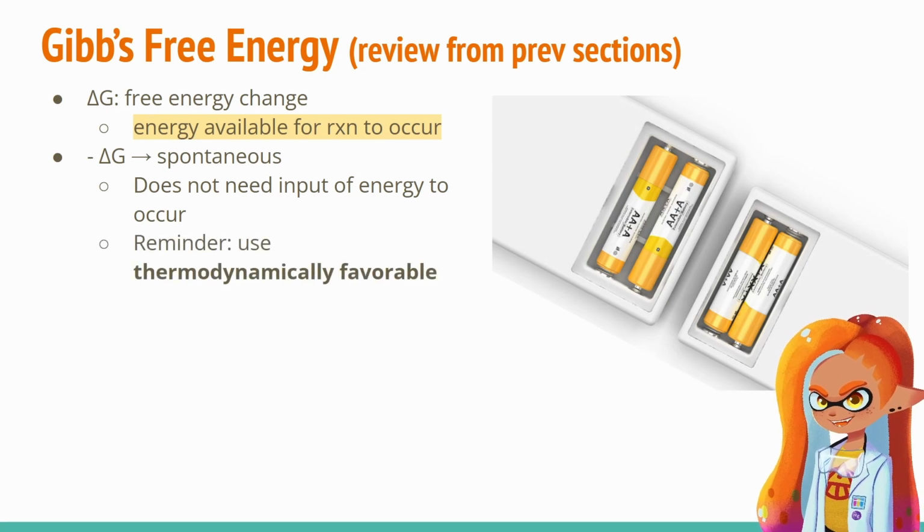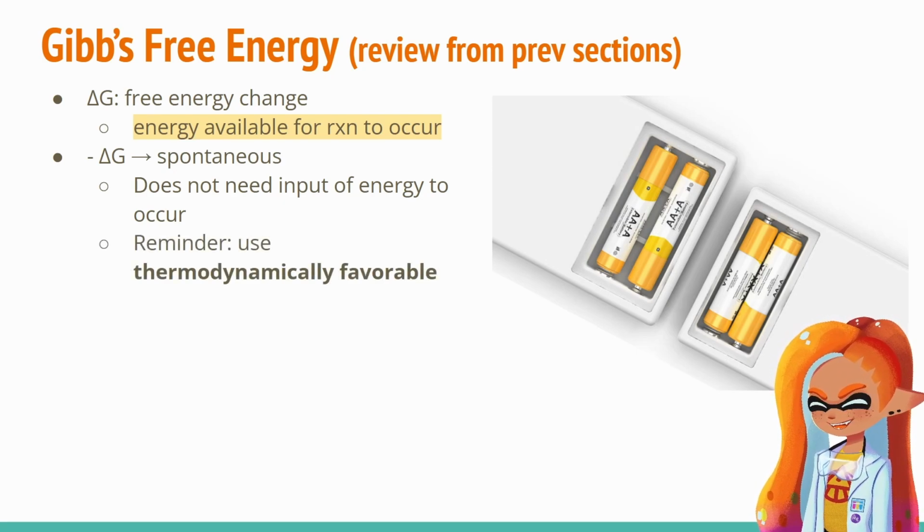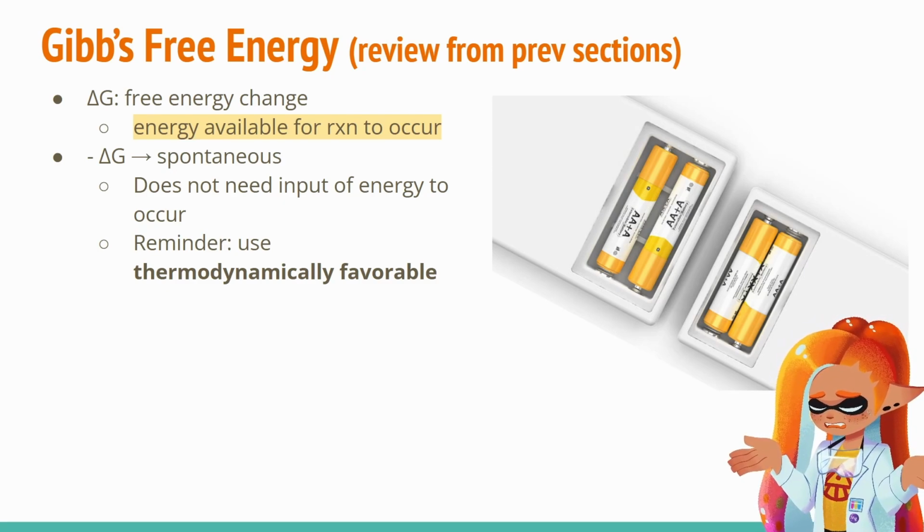As a reminder, College Board does prefer you to use the term thermodynamically favorable. Spontaneous is a word that you'll hear a lot if you're using other resources to learn for this class, but College Board wants things to be very specific. But honestly, you're going to see the word spontaneous in college, so just know that you can use spontaneous for your own remembering of stuff.